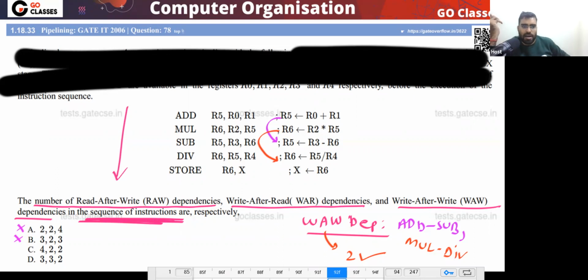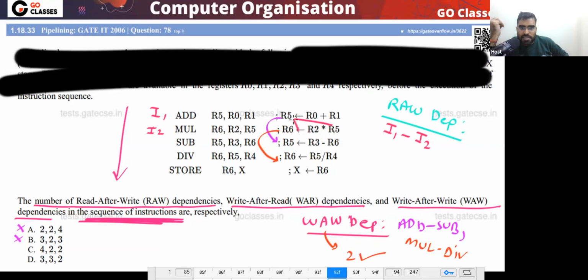Let's check RAW, because 2 options are already gone. How many RAW dependencies? You can notice that this R5 you are using here. So this is one, let's call it I1 and I2. What else?